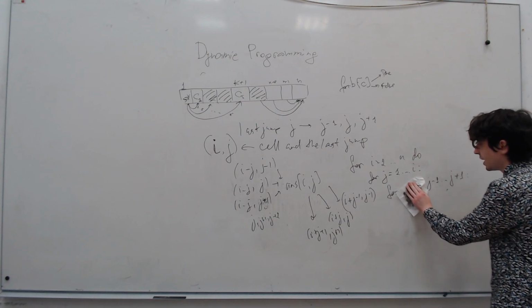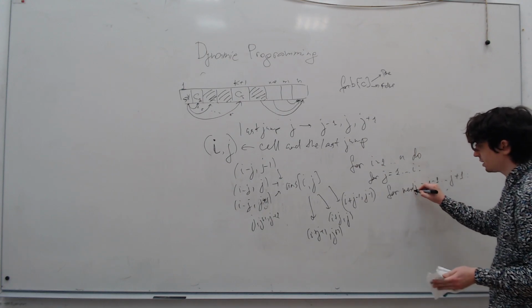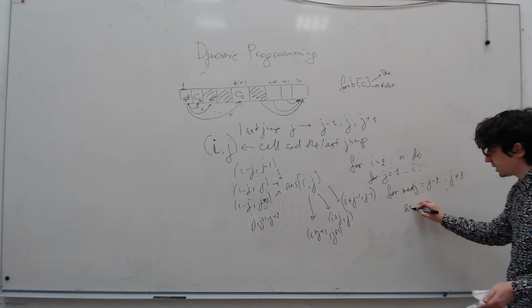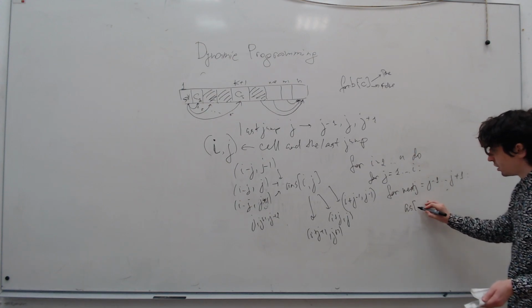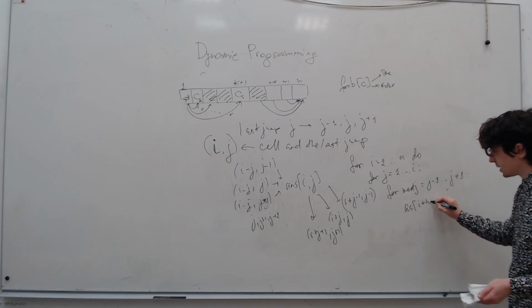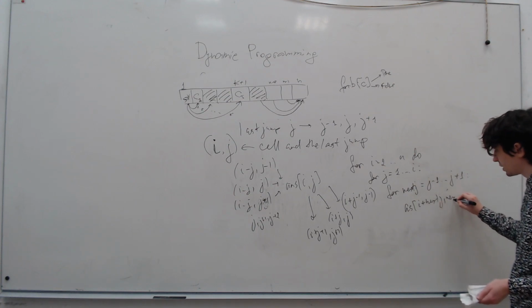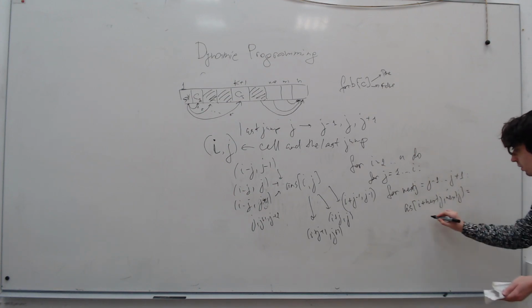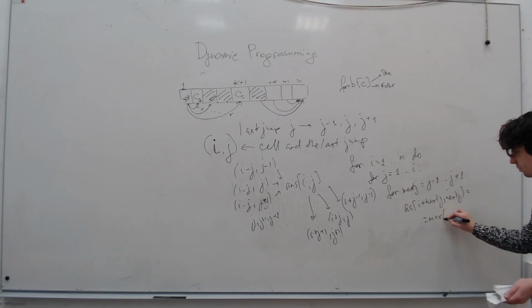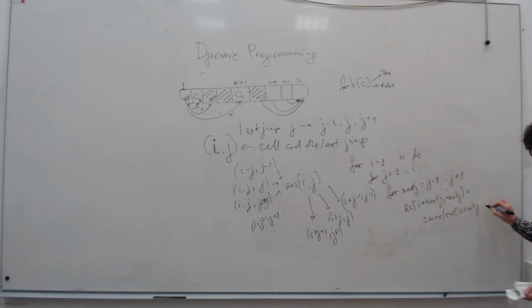So instead of last jump, now we will have next jump, and we will say ans of I plus next jump equals the maximum of ans I plus next jump, and answer of ij plus c I plus next.